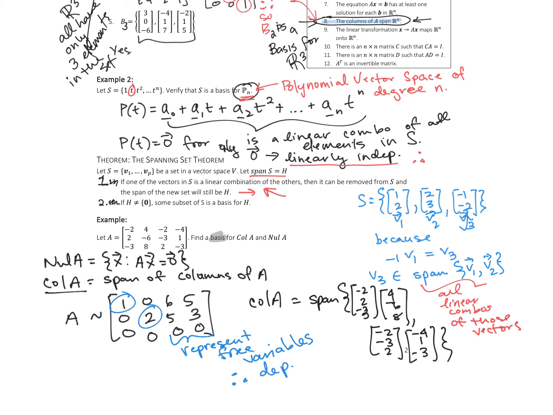But if I nix them from my spanning set, then I still have the column space of A, right? So even if I get rid of this one and this one because they're redundant, my span still represents the same thing.